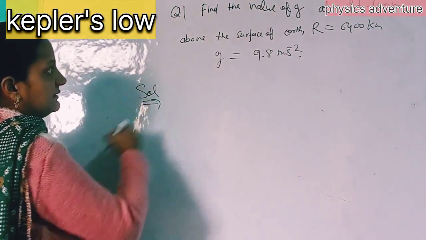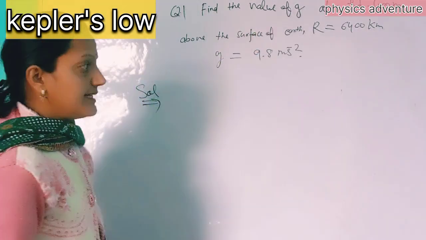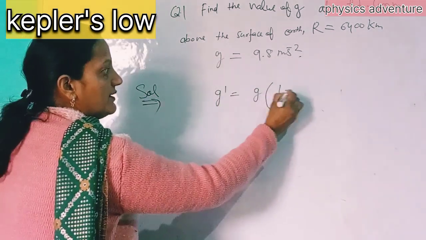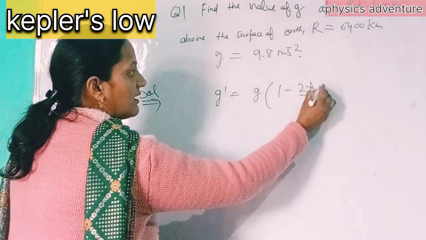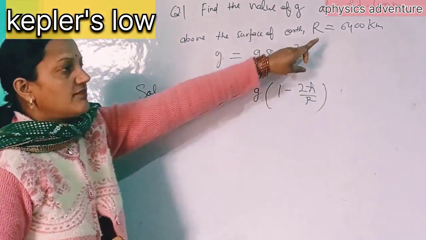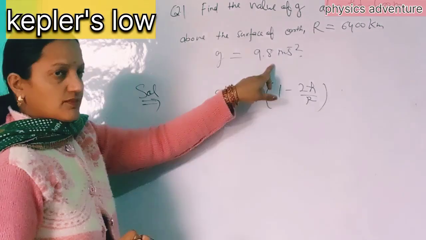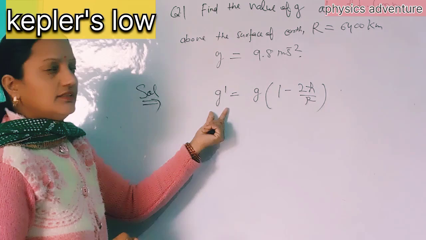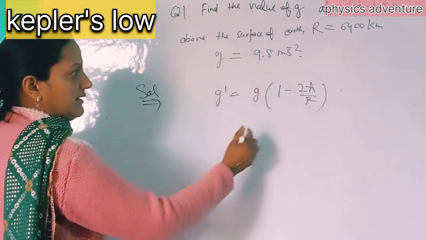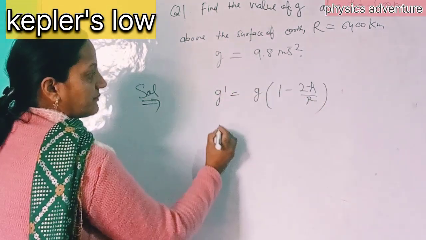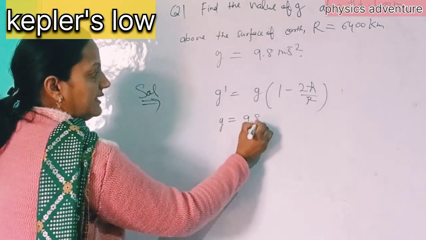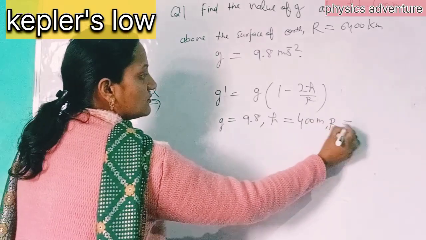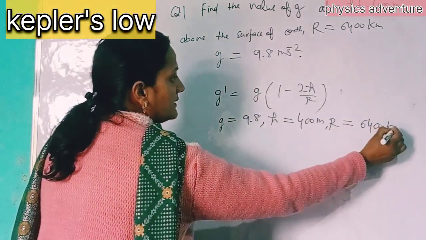Solution. Find the value of g at a height. We have already discussed that g dash is equal to small g times 1 minus 2h over R. Here R is the given radius, small g is 9.8, and g dash is the value above the surface of Earth. So put all the values: g is 9.8, h is 400 meter, capital R is 6400 kilometer.